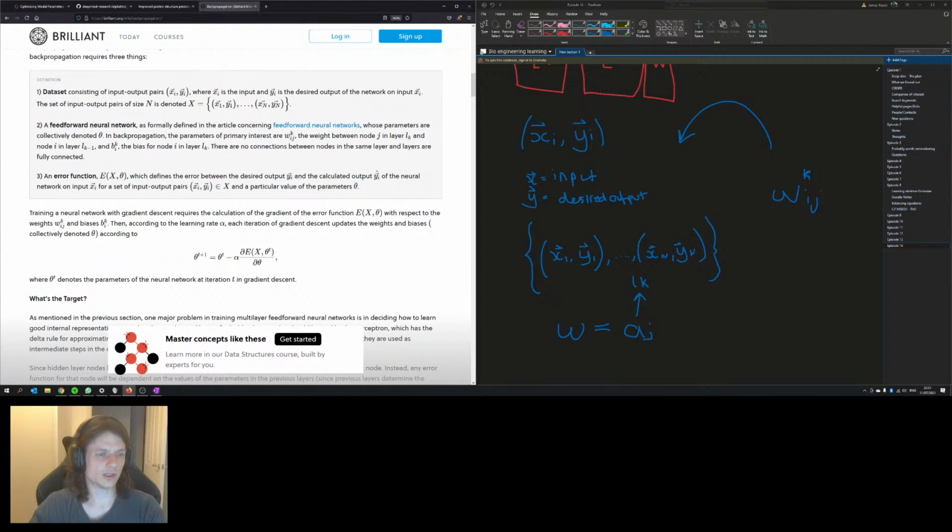Training a neural network with gradient descent requires the calculation of the gradient of the error function with respect to the weights and biases. Then, according to the learning rate, each iteration of gradient descent updates the weights and biases, collectively denoted theta, according to this.